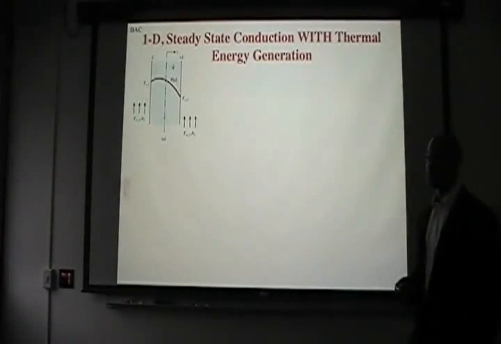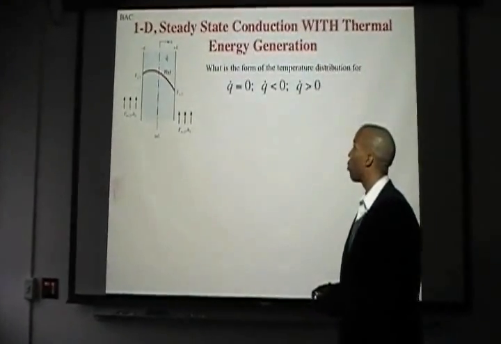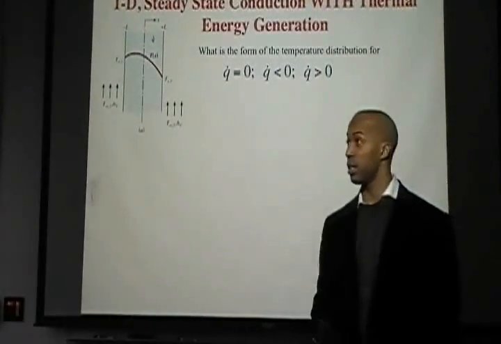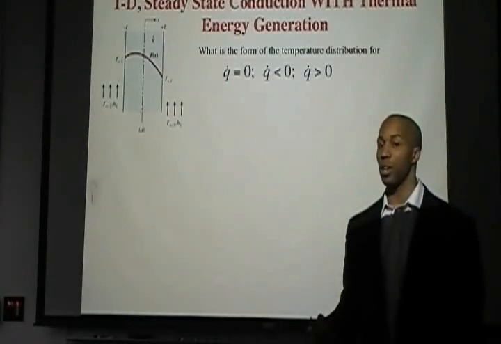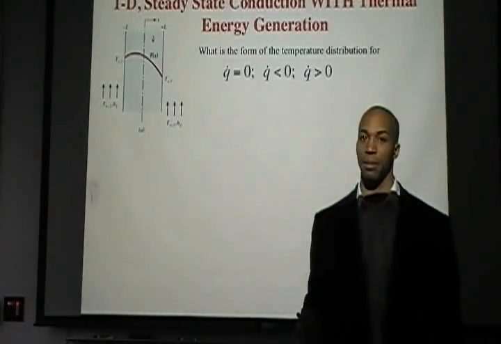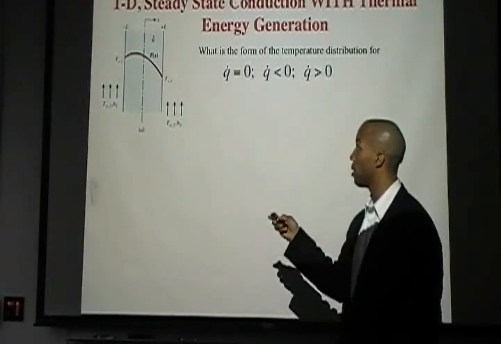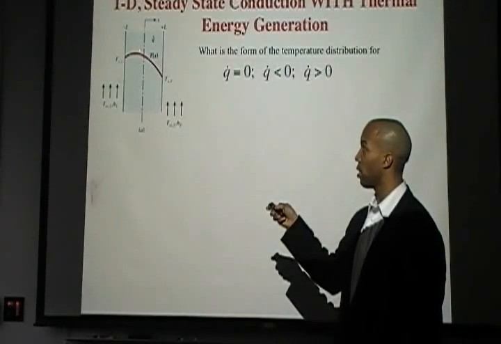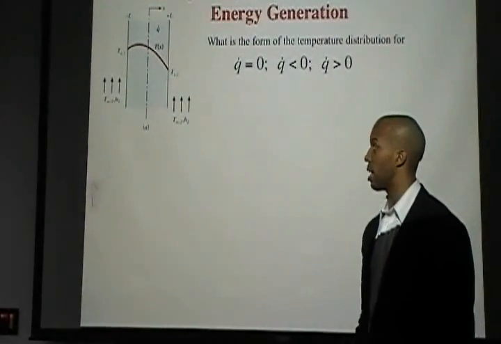All right, so we have a wall here again. And the question is, what is the form of the temperature distribution for the case where there's no generation, when the generation is negative, so energy is being extracted from the system, and when the generation is positive, energy is being input into the system? Well, we already answered that question for one of them. We determined that for this case, because the temperature is higher here than it is at the two sides, energy is being put into that system.